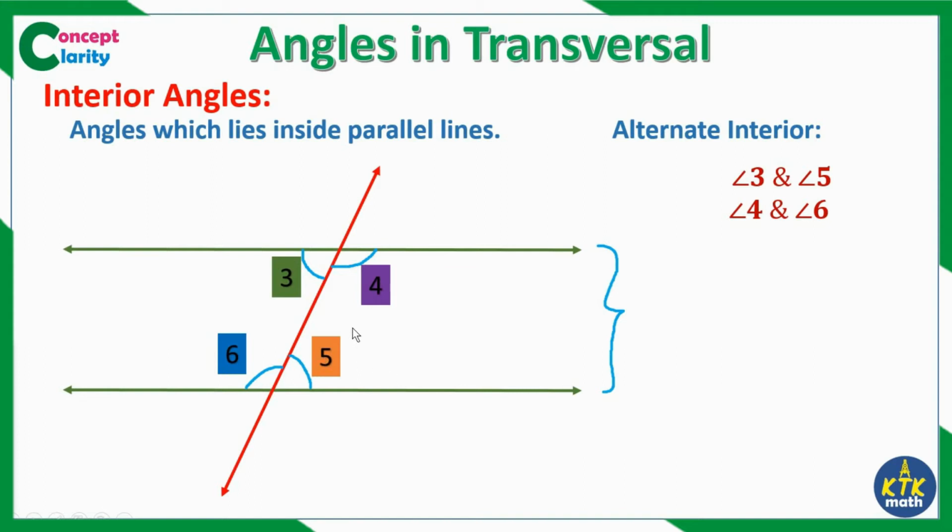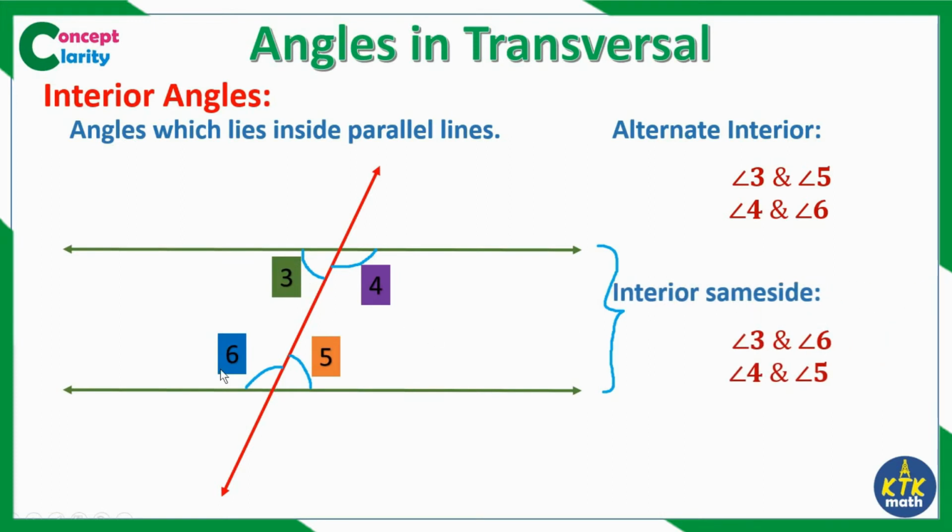This is called alternate interior. Alternate means nothing but opposite to each other. So 3 opposite 5 is there. In the same way, 4 opposite 6 is there. Both are interior only, but they are lying on opposite sides of the transversal.